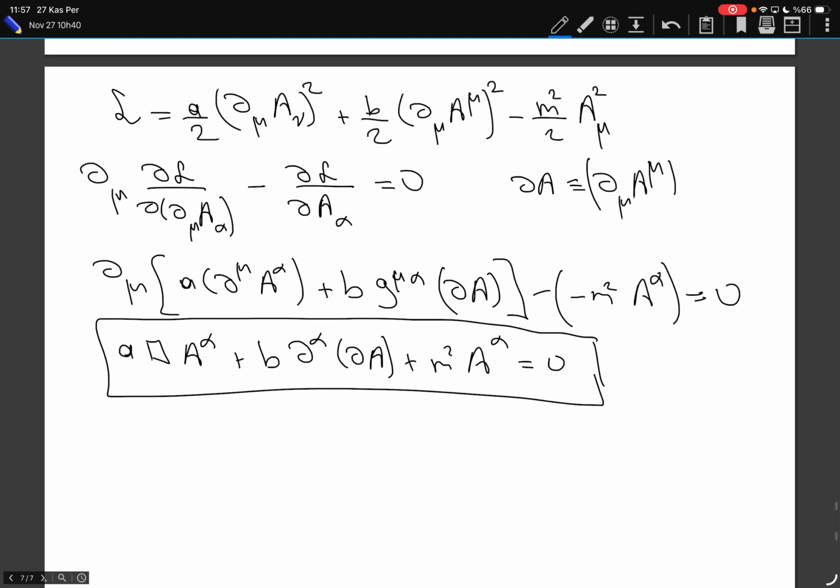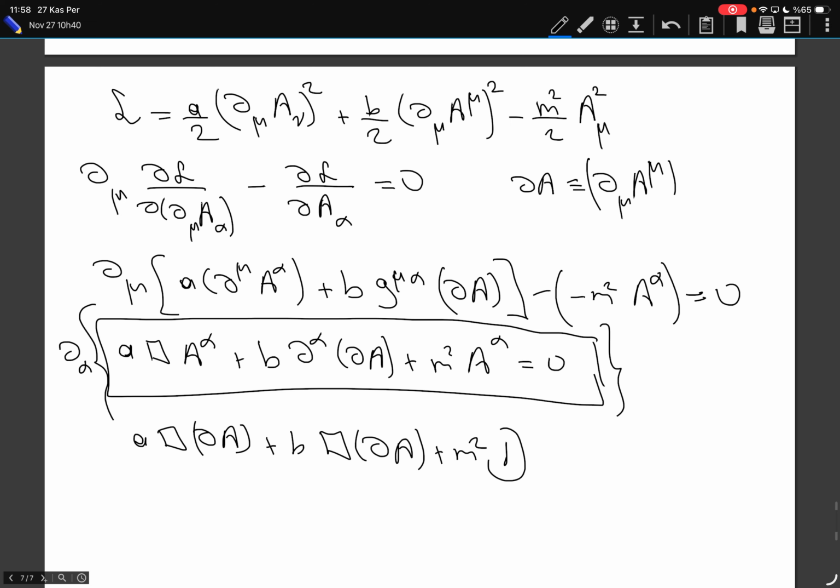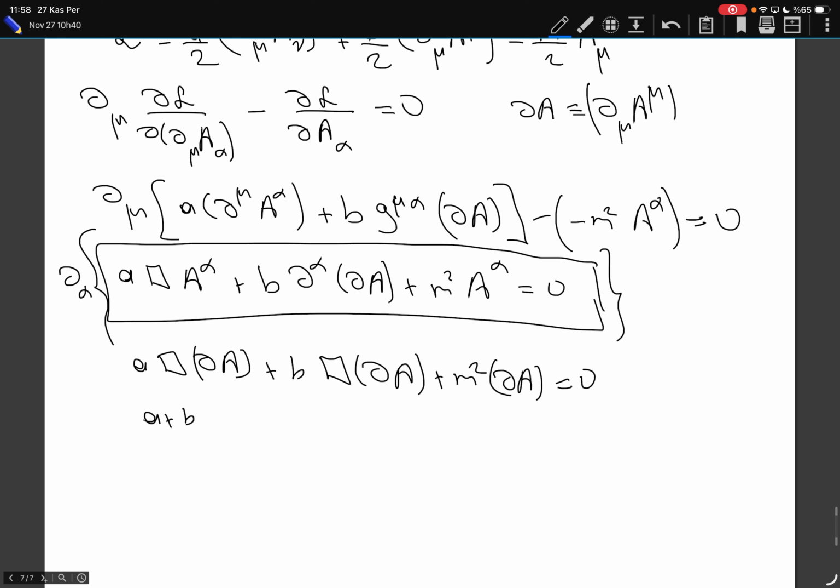Let me take the derivative of this expression with respect to x alpha. What I will get is A times the Lambertian acting on del A plus B times the Lambertian acting on del A plus m squared times del A is equal to 0, or A plus B times the Lambertian acting on del A plus m squared del A is equal to 0.